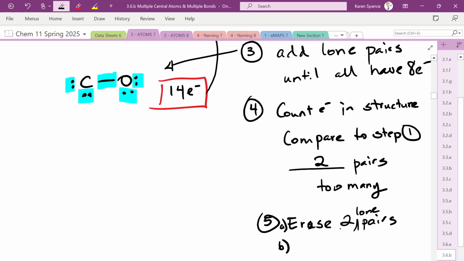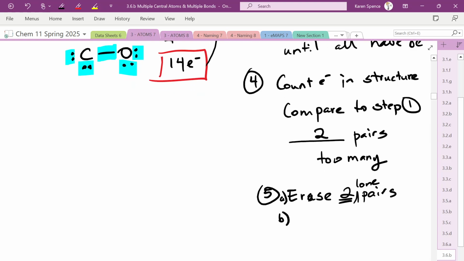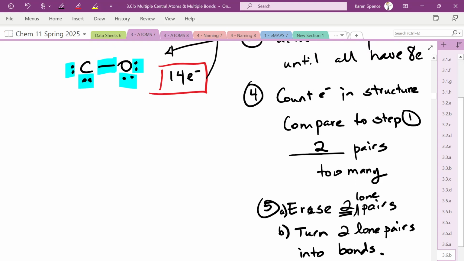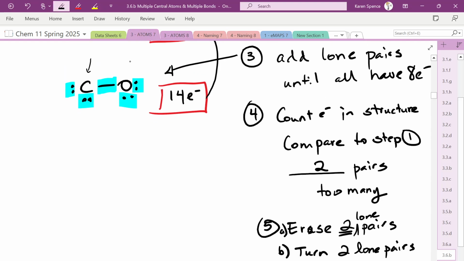And then if we erased two lone pairs, we need to turn a different two lone pairs into bonds. So different lone pairs this time. We erased the ones on the top. And now we're going to take this one here, turn it into a bond.